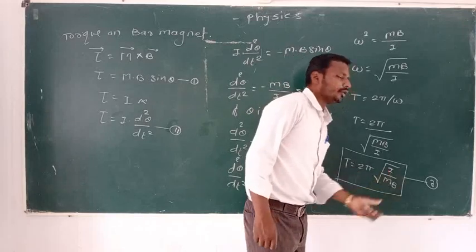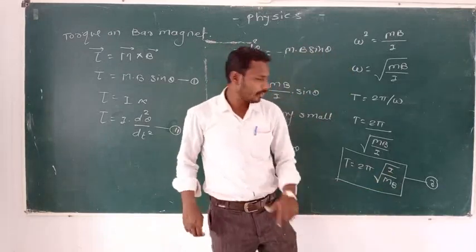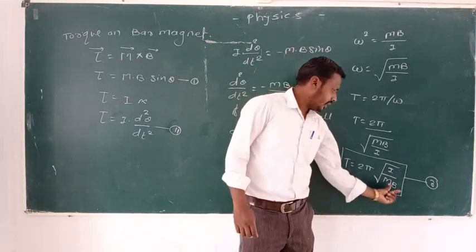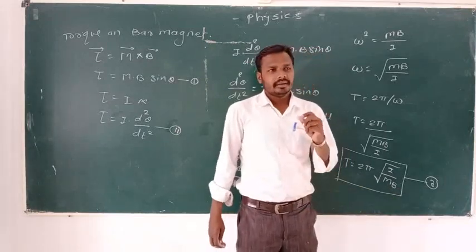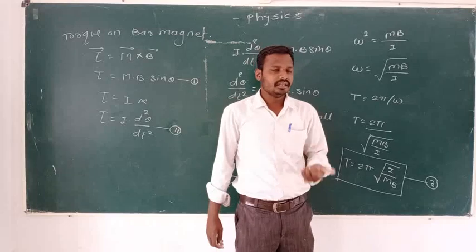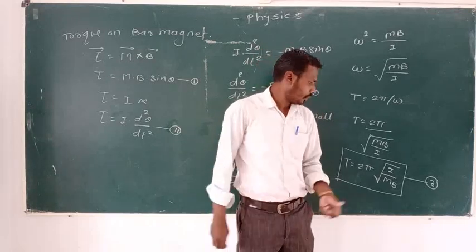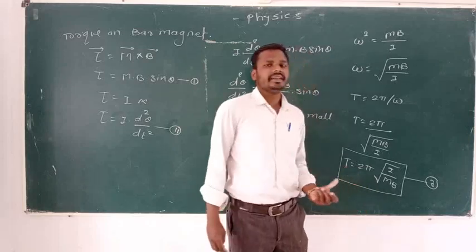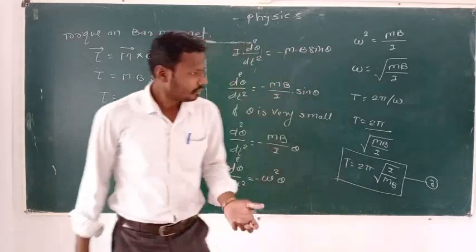This is the time period of that bar magnet kept in uniform magnetic field. Here I means moment of inertia of that bar magnet, m is magnetic dipole moment, B is magnetic field, that is the external magnetic field in which a bar magnet is kept. 2 pi is constant and T is time period.